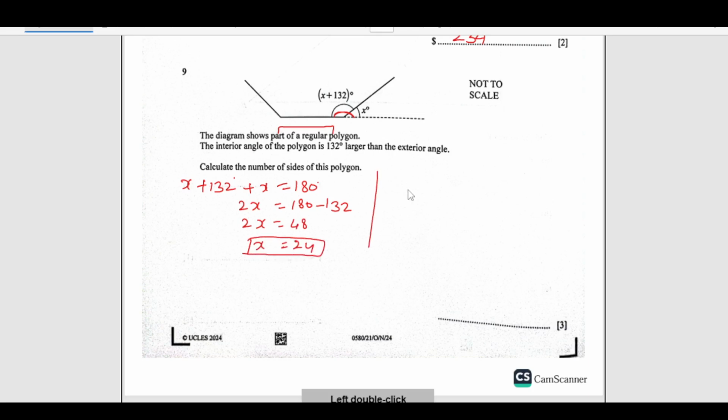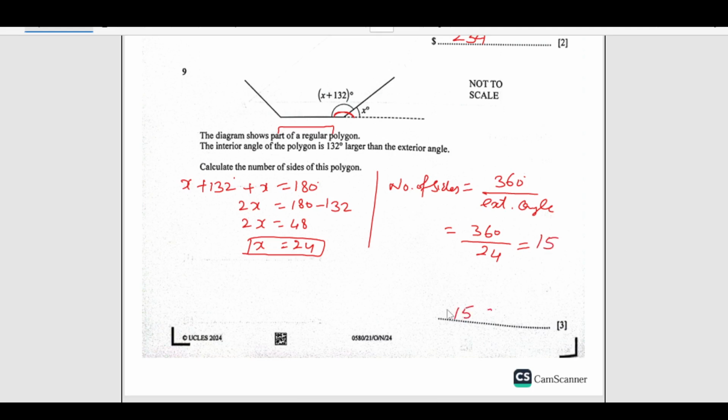Now the number of sides of the polygon will be given by the formula 360 over exterior angle. This is the formula to find out the number of sides. 360 over exterior angle, we have 24. So this gives us the number of sides as 15. So we have 15 sides, right?